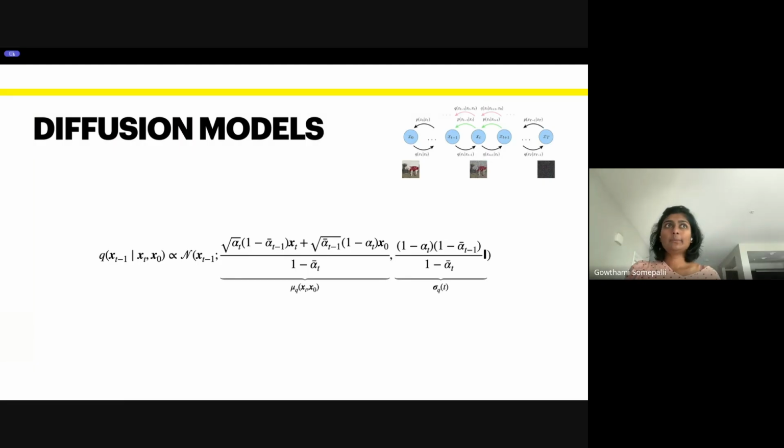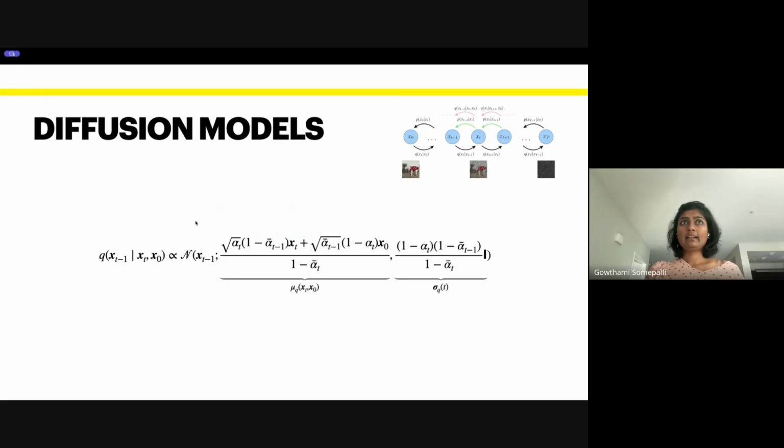Fortunately, we can compute the posterior distribution, this Q of xt minus 1 given both xt and x naught. Again, don't worry about the scary looking equations. All it is saying is we can actually compute xt minus 1, the less noisy term, given xt, which is a little bit more noisy compared to xt minus 1, and also x naught, the image where this whole thing originated from.